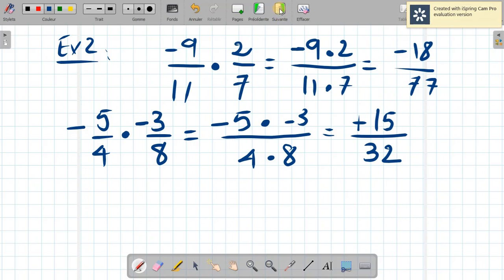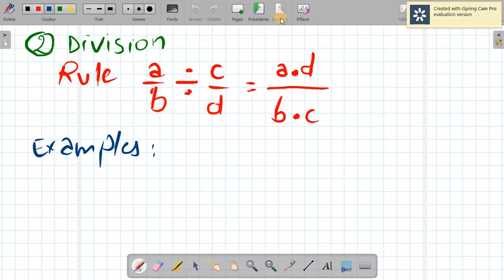Let's talk now about division. In division, you have a rule saying that a over b divided by c over d is equal to a times d over b times c. So actually, before multiplication, you have to flip the second rational number.